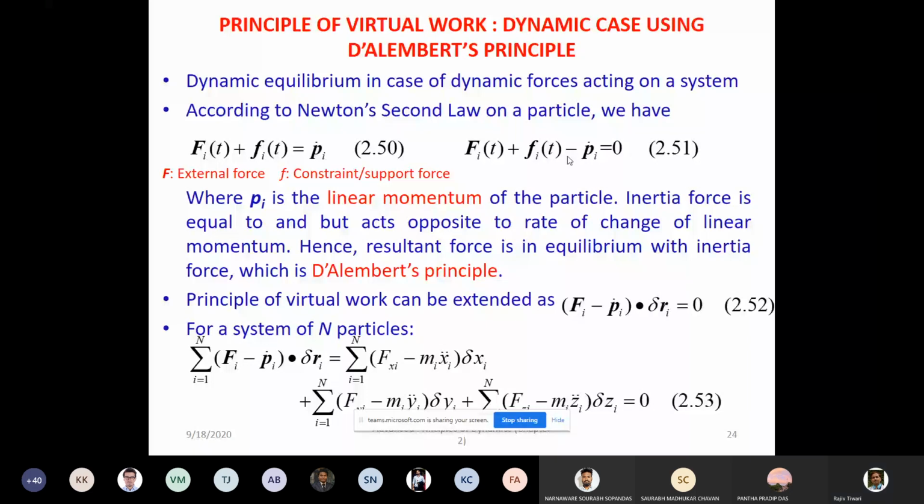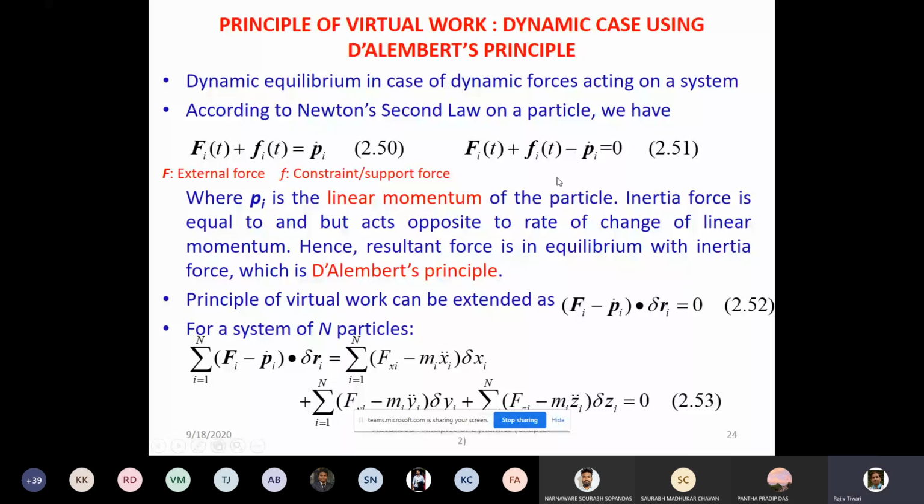But once we have forces that are time dependent, motion will also take place, so inertia force will come. If we bring the inertia force to the left side, then we can say that the system is in dynamic equilibrium under the external force or internal force and the inertia force. And this is nothing but D'Alembert's principle, which is derived from Newton's law. This is for the linear momentum, but the same is applicable for the angular momentum also.